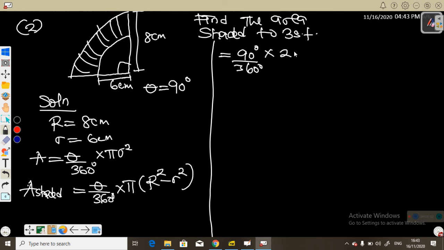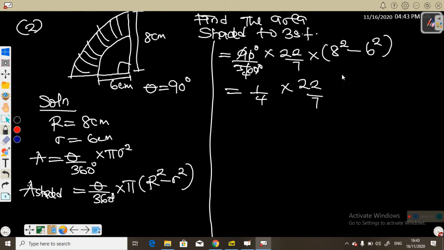If we substitute that, we have 90 over 360 times 22 over 7 multiplied by the radius of the big circle squared, 8 squared, minus the radius of the small circle, which is 6 squared. So 90 over 360 is 1 over 4, times 22 over 7 multiplied by 64 minus 36.